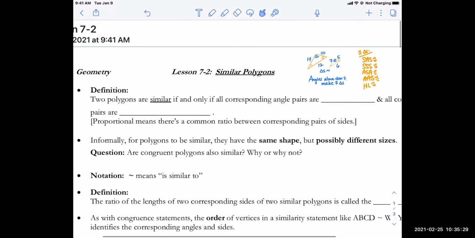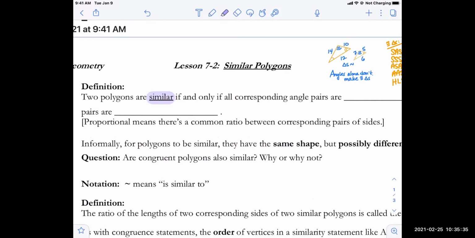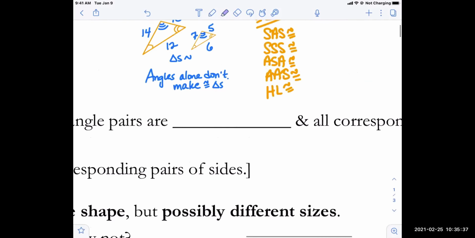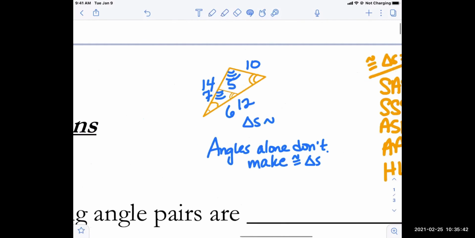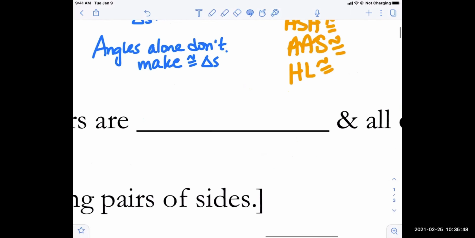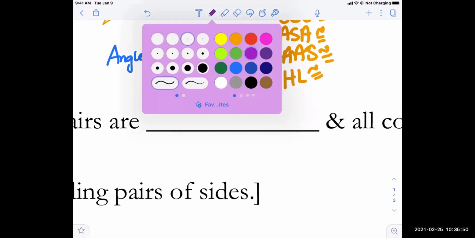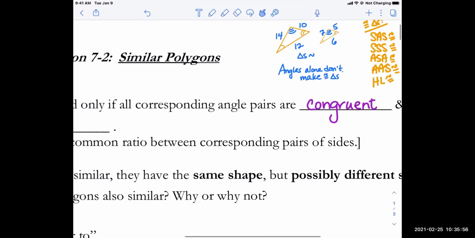Okay, so the definition of similarity. Two triangles, two polygons are similar if and only if all of their corresponding angles are, how should the angle measures be related? All the corresponding angle measures should be what? Congruent, yeah. So all the corresponding angle measures are congruent, but the side lengths will be proportional.